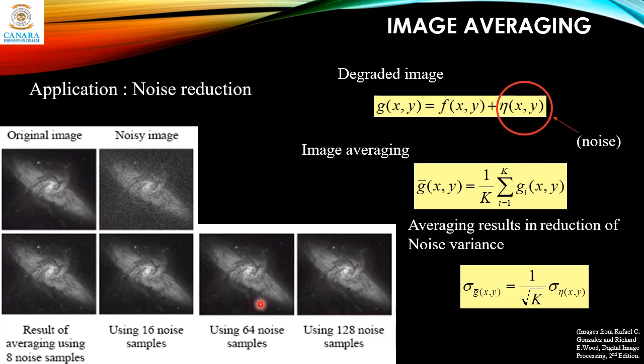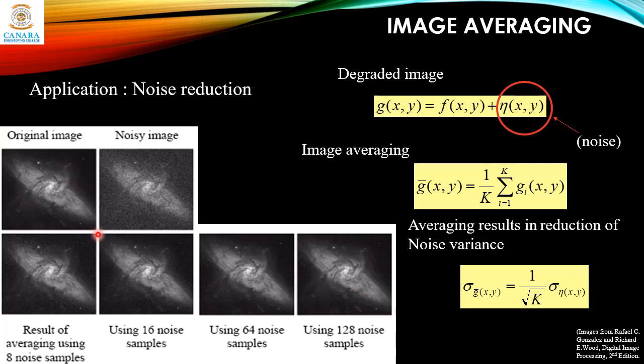And if you use 64 noise samples, a bit more enhancement. And if you use 128 noise samples, it's much closer to the original image. And in practical scenarios, there could be thousands of images which are averaged and added together.